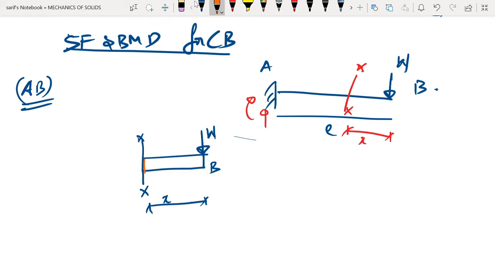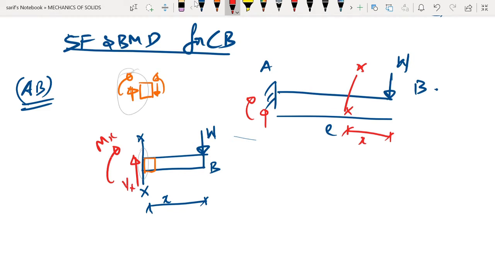You consider this as your element, and draw an enlarged view of the element here, and we know the positive directions of bending moment and shear force go like this, and the face that we are considering is this one. So we will be taking these directions as the positive directions. This will be our Vx, and this would be our Mx.